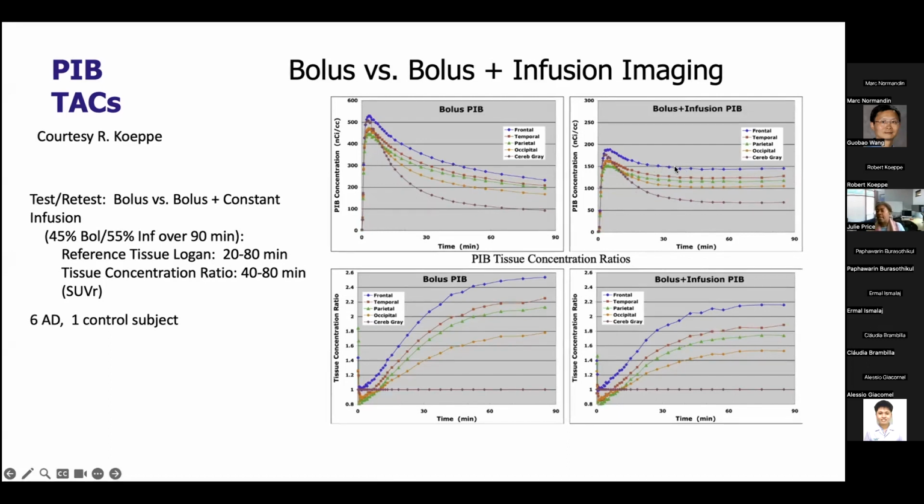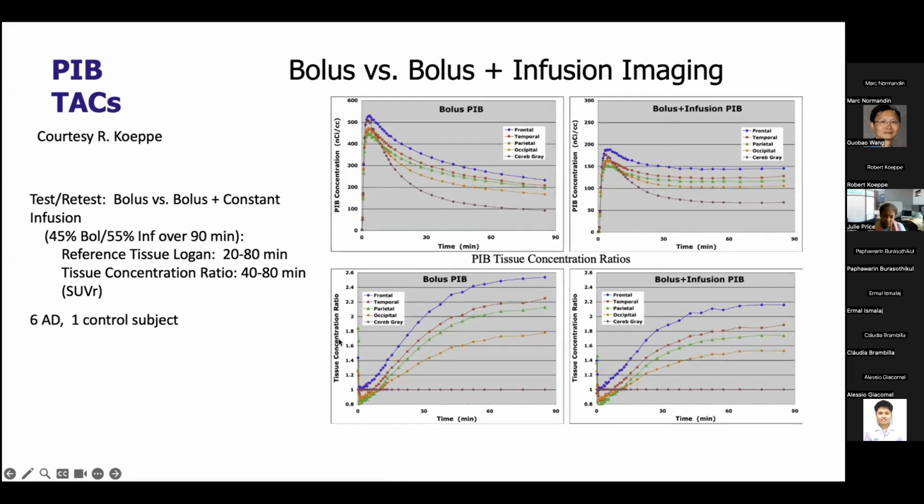In the case of PIB, the kinetics are similar across these regions, and they were able to achieve a fairly constant concentration after later times across all of these regions. You can see the cerebellum is just a little bit later, but it also plateaus.